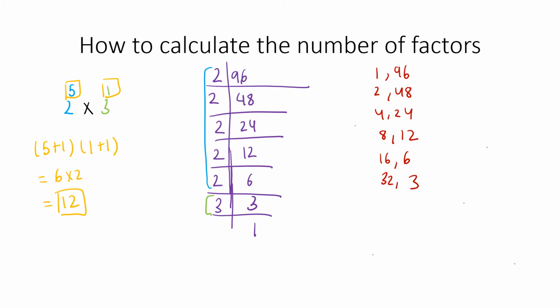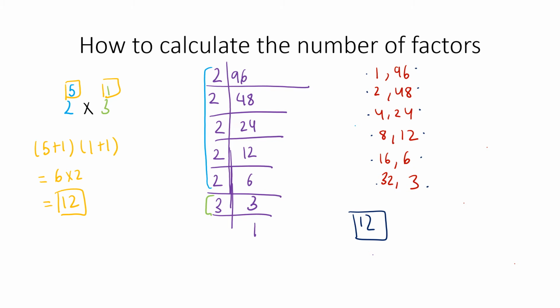These are all the factors of 96. If I count that, that's 1, 2, 3, 4, 5, 6, 7, 8, 9, 10, 11, and 12. That is 12 factors. And we did that all using this shortcut.